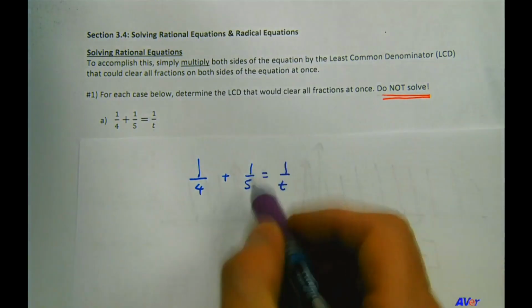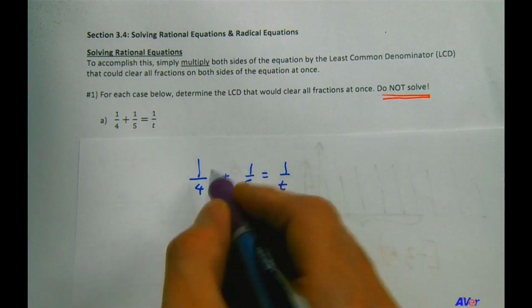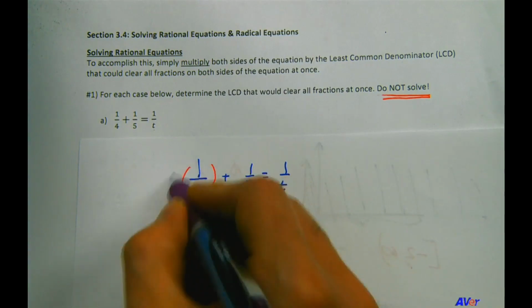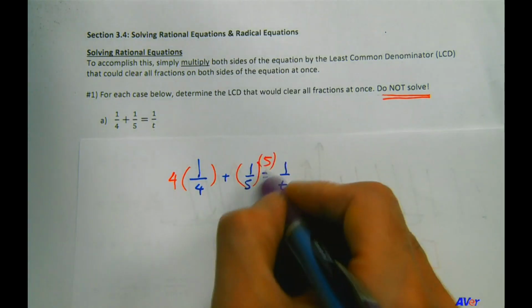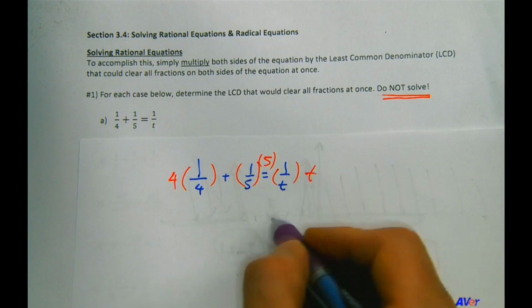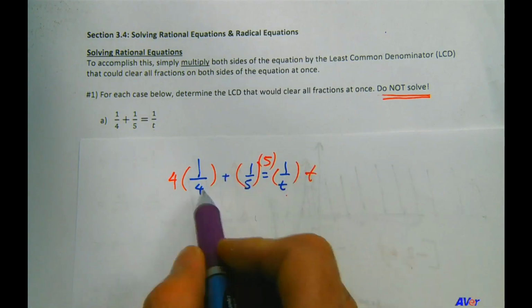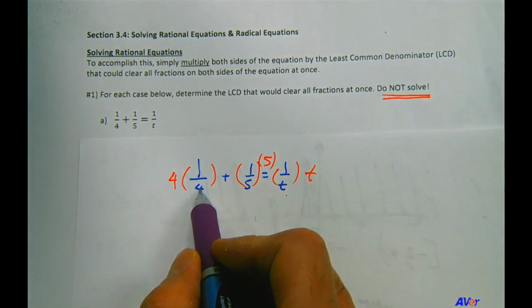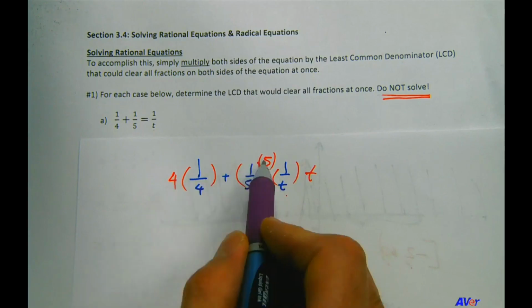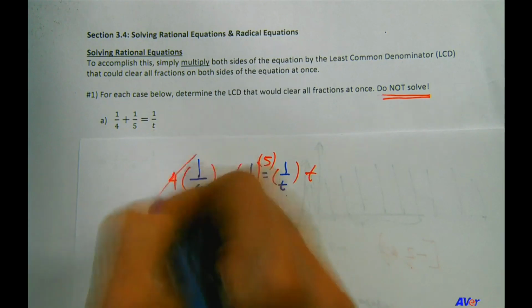These are various wrong solutions that I've seen. Somebody is going to clear this fraction by multiplying this by 5, and multiplying this by t to clear that fraction. Totally wrong. I've seen things like this on exam papers, where this individual has used 3 different things to clear the fractions. That's not acceptable.